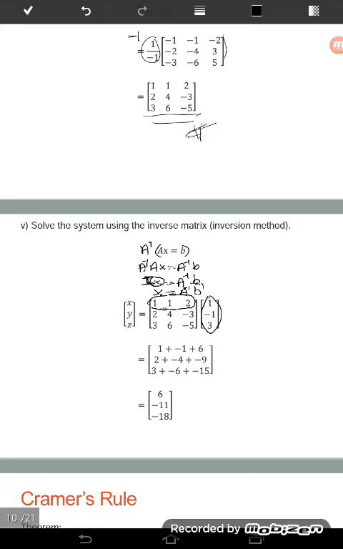Second row times the column: 2 times 1 is 2, plus 4 times negative 1 is negative 4, plus negative 3 times 3 is negative 9. Third row times this column: 3 times 1 is 3, plus 6 times negative 1 is negative 6, plus negative 5 times 3 which is negative 15. So the answer is this one.